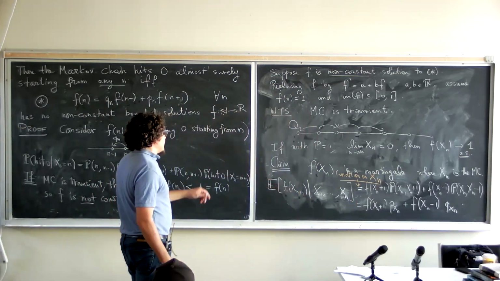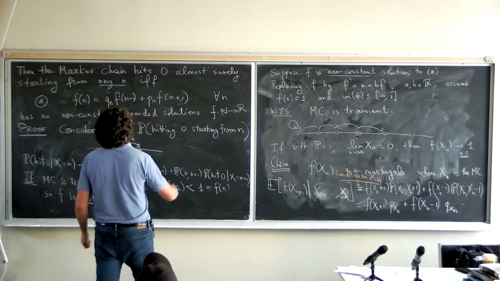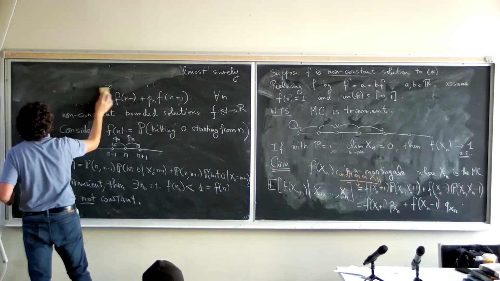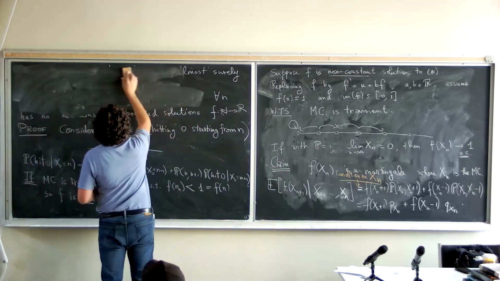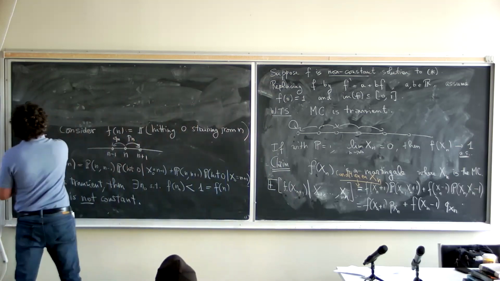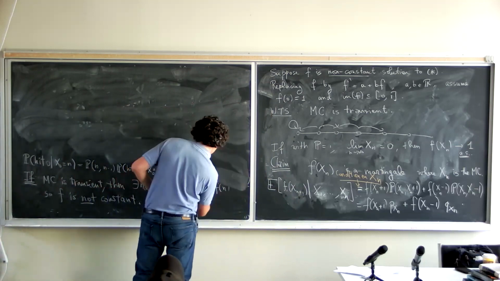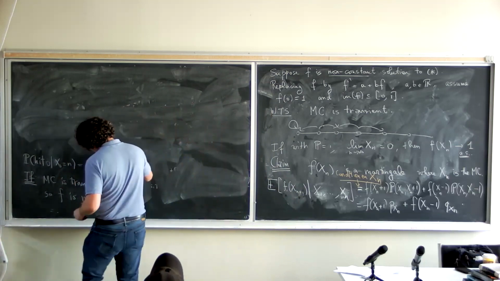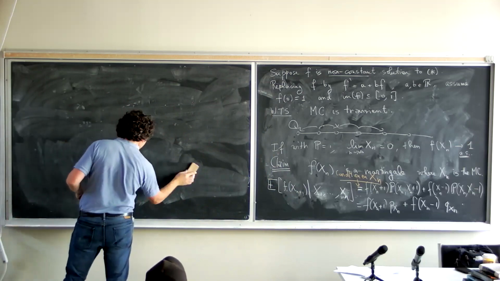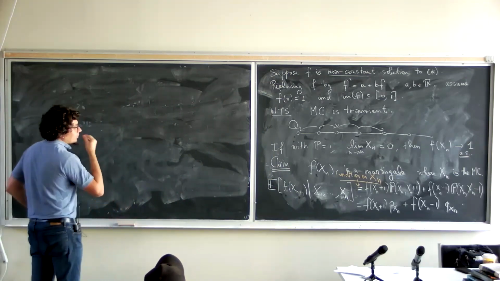Okay, so now what goes on next? So what's the next step? The next step is that we know that this converges because this is a martingale.